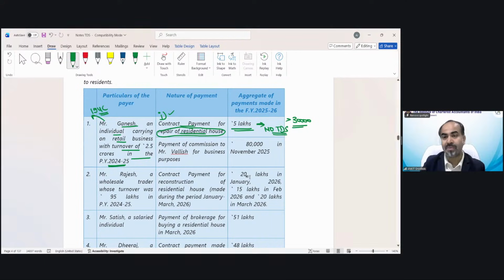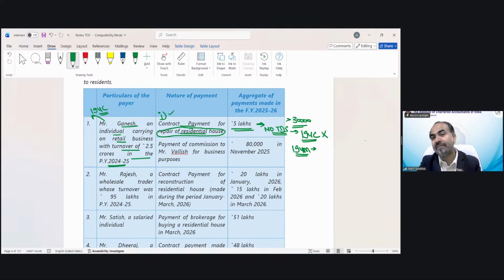So in this example, you have seen that section 194C is not applicable. No TDS could be deducted under section 194C. But we have to check section 194M now. So M is for those individuals and HUFs who are not going to deduct TDS under section 194C, H or J. The intention was for those individuals and HUFs having turnover less than 1 crore or 50 lakh, but that is not exactly the requirement.